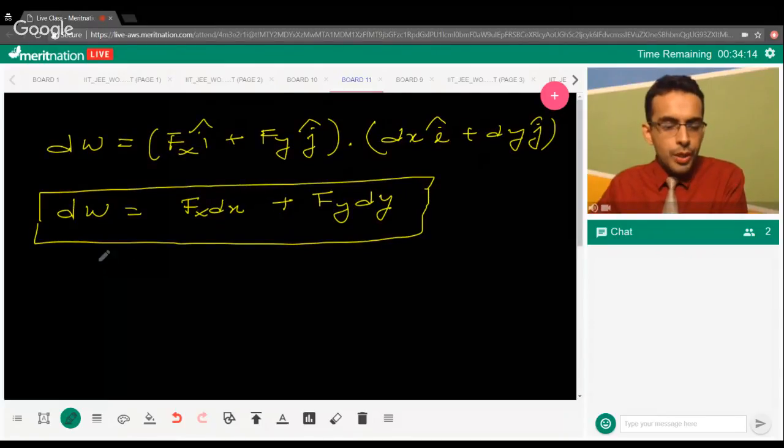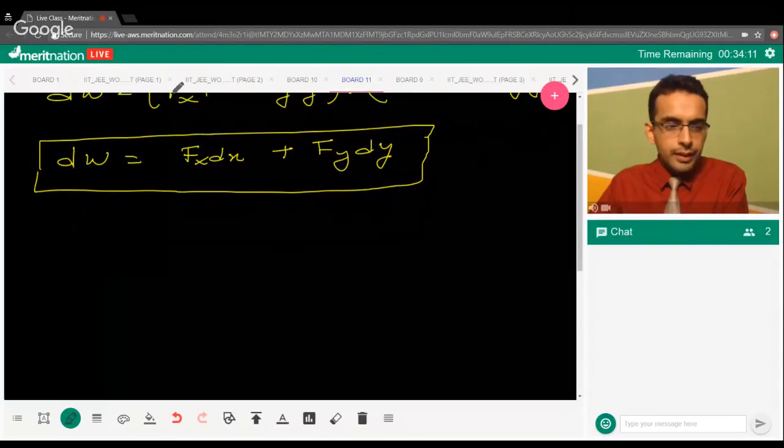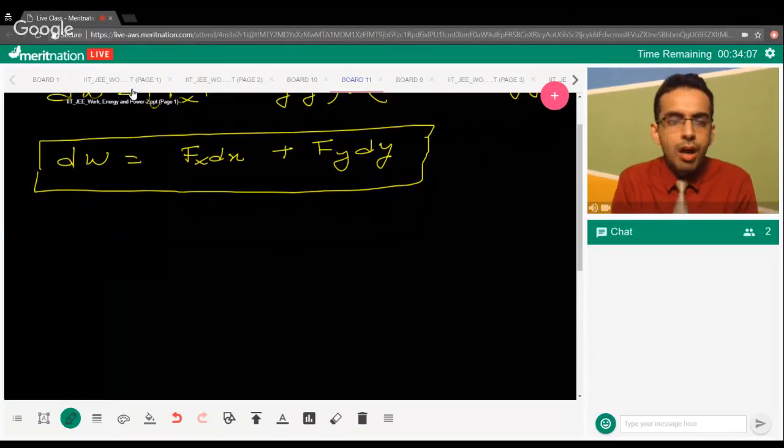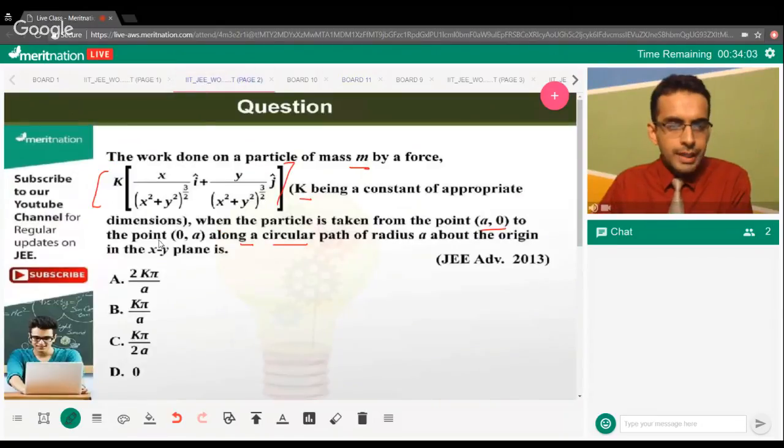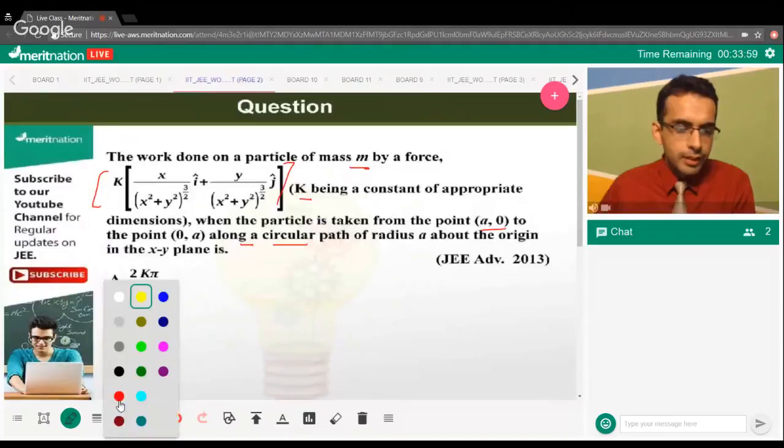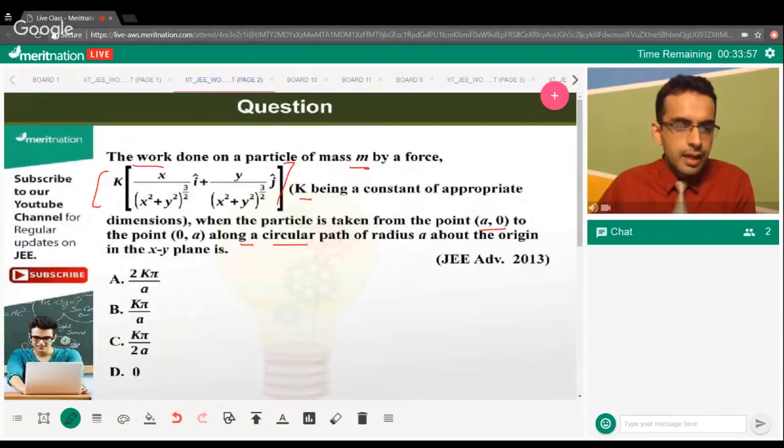So now let us see what are the x component and the y component of the given force. In the given question, you can see this is the x component of the force, and this is the y component.